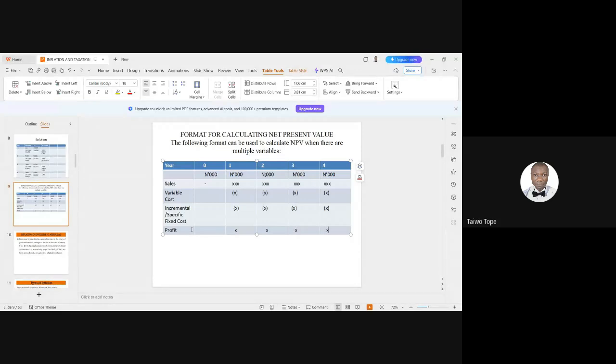So once you have a profit, what will you do? You can determine your tax liability based on the tax rate given. How do you determine your tax liability? You multiply the tax rate by the profit to get the tax liability.